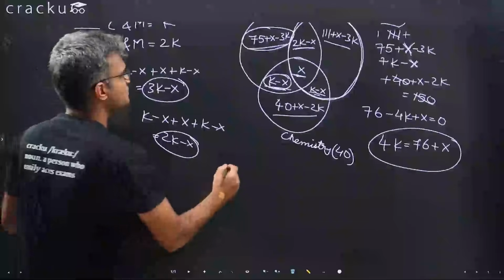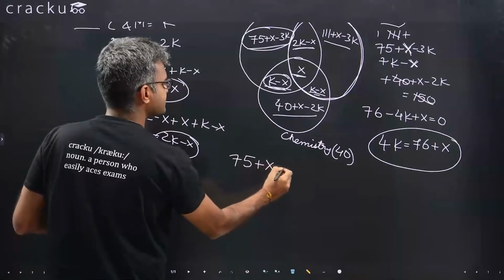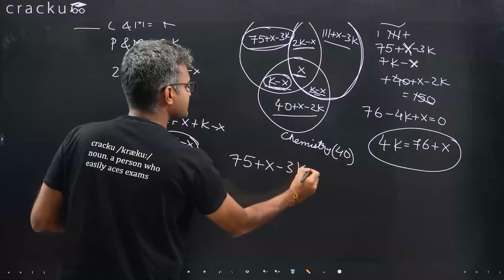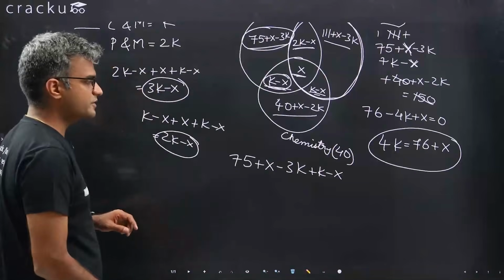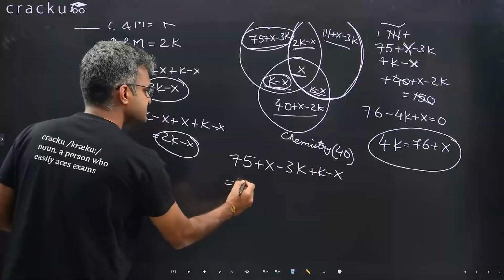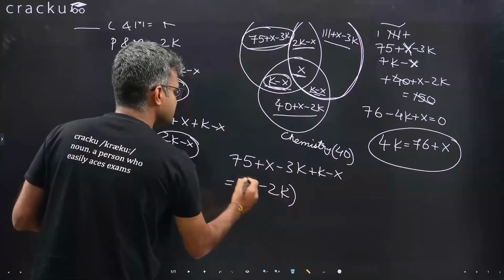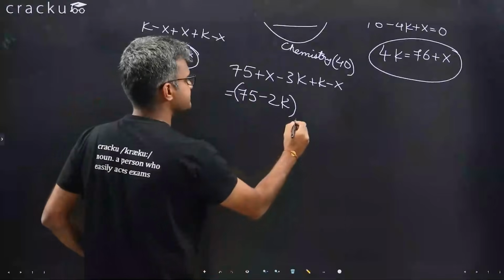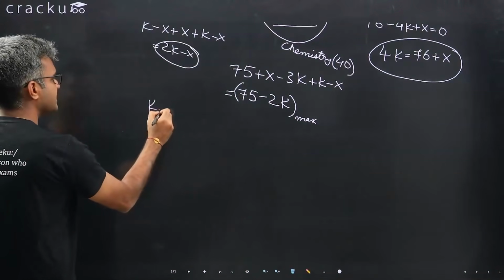If you are adding both of them, that will be 75 plus x minus 3k plus k minus x. What is the maximum value of this is what we are required to calculate. This is just 75 minus 2k. This we have to maximize. We have to essentially minimize, therefore, k.